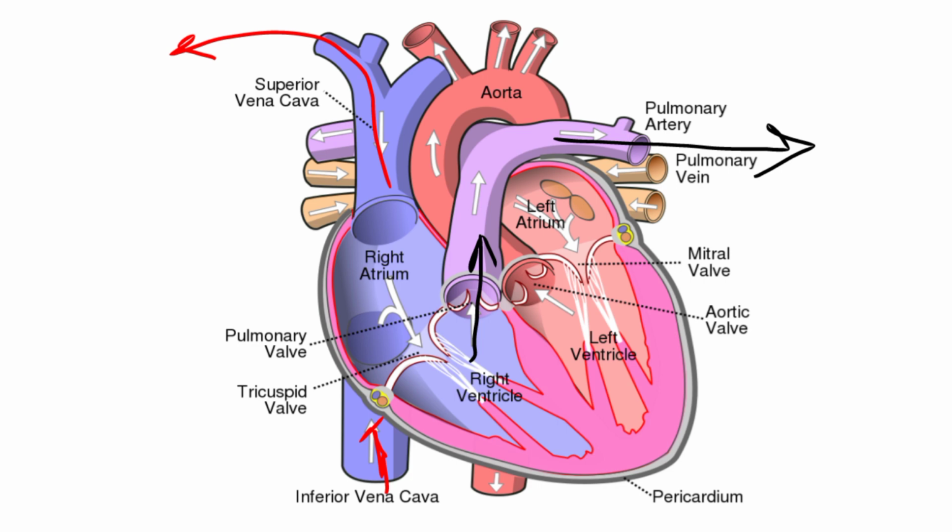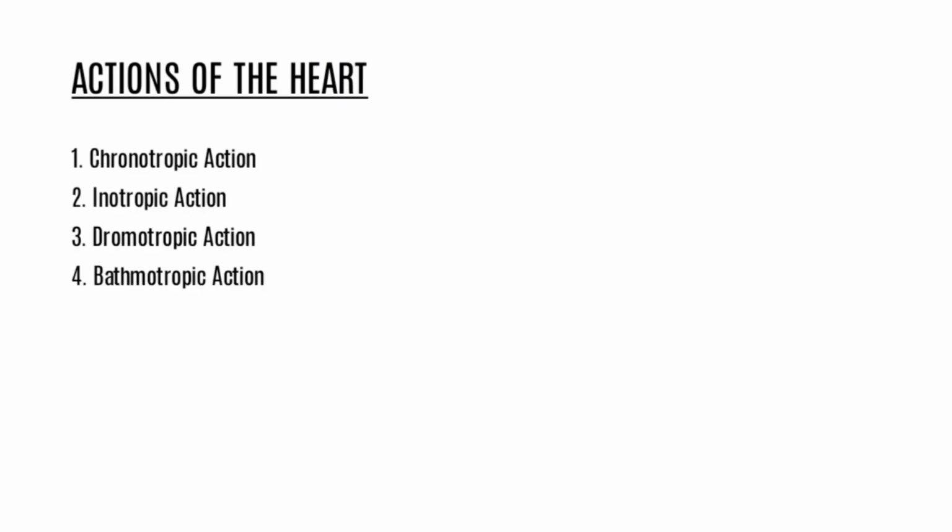Don't be mistaken. I also showed you the aorta. The coronary sinus does not show in this diagram, but it will take the deoxygenated blood from the entire myocardium and drain it into the right atrium.